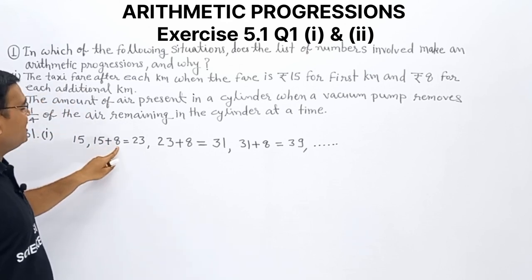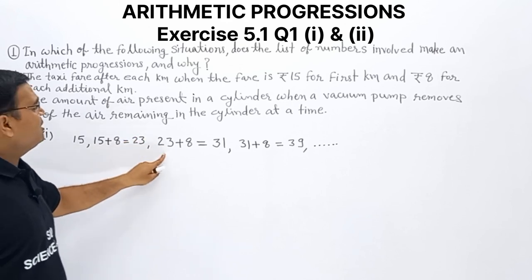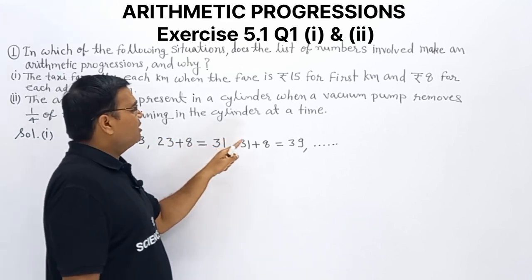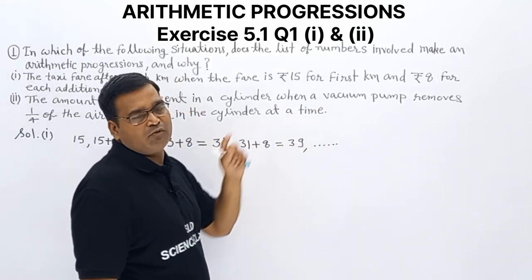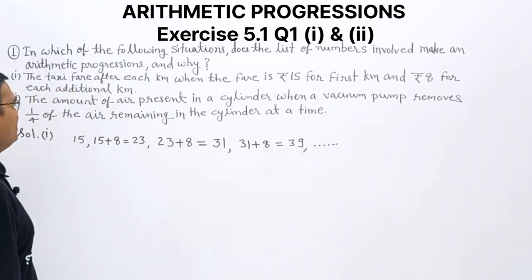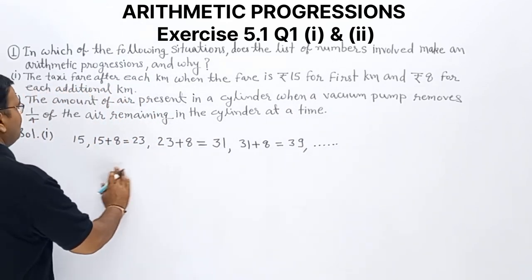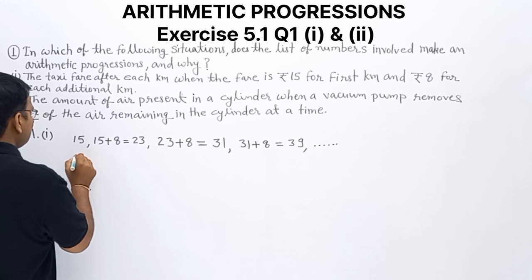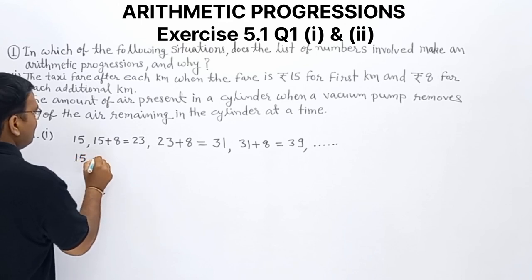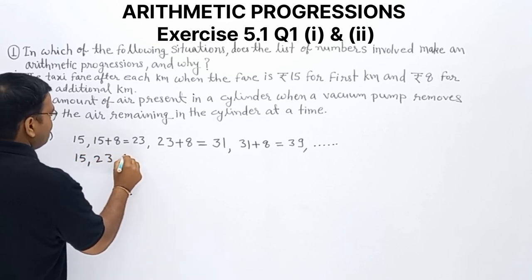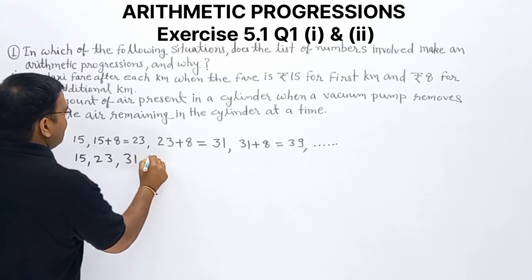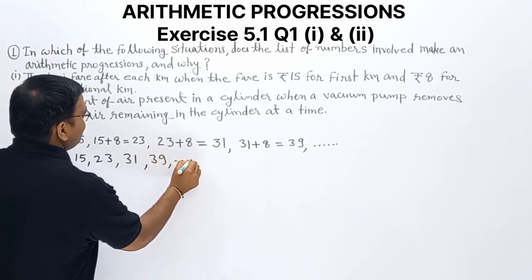So 15 plus 8, 23. 23 plus 8, 31. 31 plus 8, 39, and so on. Are you getting what we are doing? Clear? So the sequence is 15, 23, 31, 39, and so on.